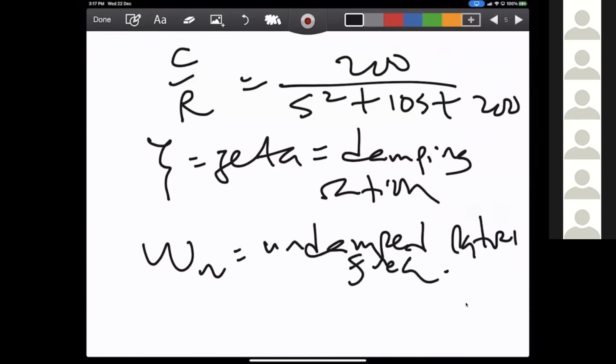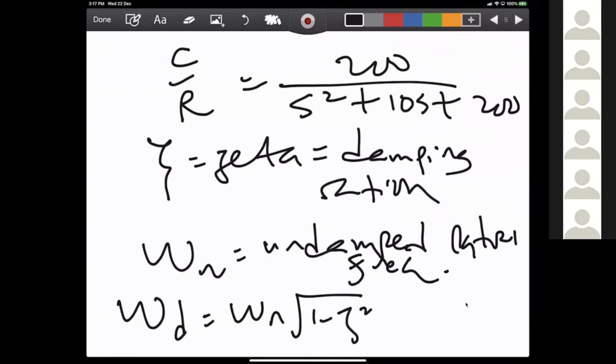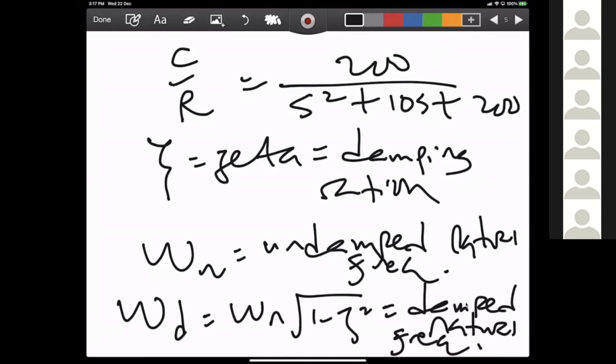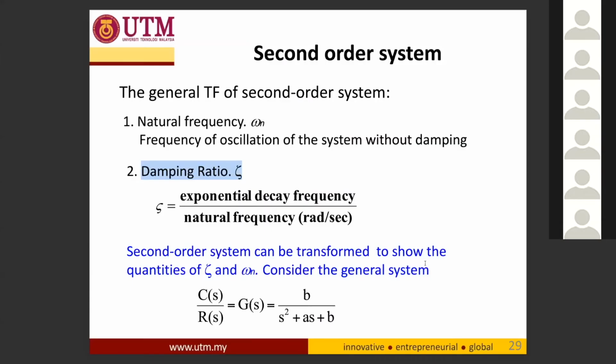And the other one is the twin of omega n. We call it omega d, which is known as the damped natural frequency. Okay, please take note: zeta, omega n, omega d. Clear, guys?